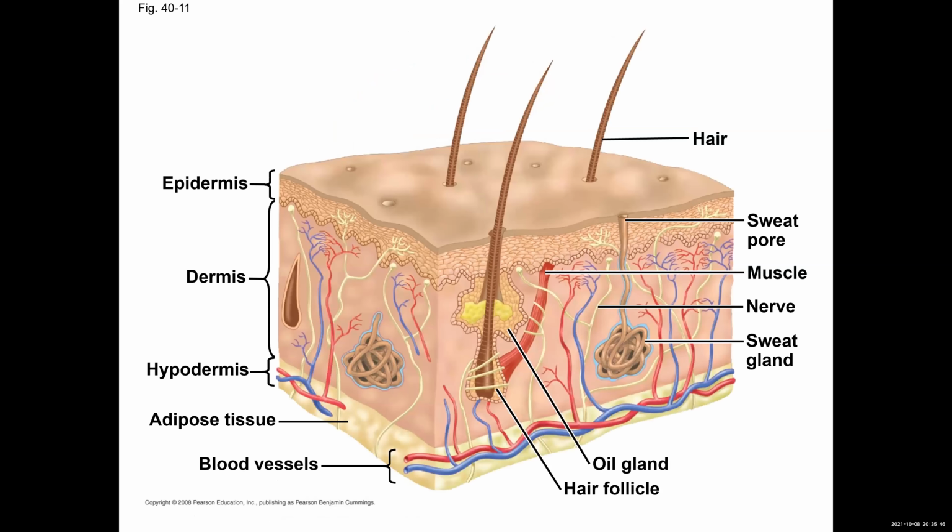All right, so when we're looking at the body, we have a whole host of adaptations that are helping us control our body temperature. So when we think about whales that live in the Arctic, we know that they have that really thick layer of blubber or fat underneath their skin.